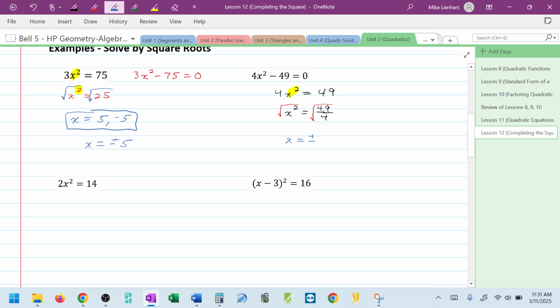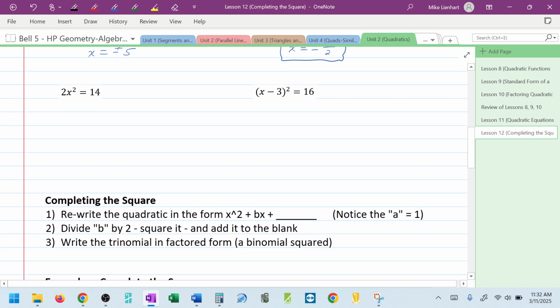Then I worry about simplifying the numeric square root. Square root of 49 is 7. Square root of 4 is 2. So I get plus or minus 7 over 2. Keep in mind again, what are these x's that we're finding? They are the x-intercepts of the quadratic.